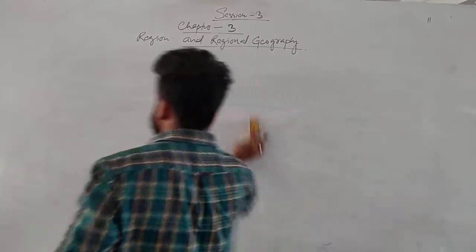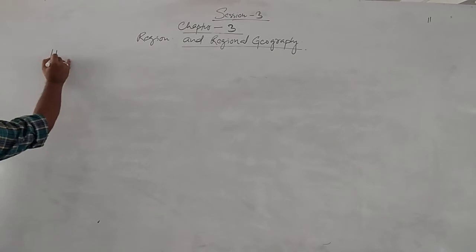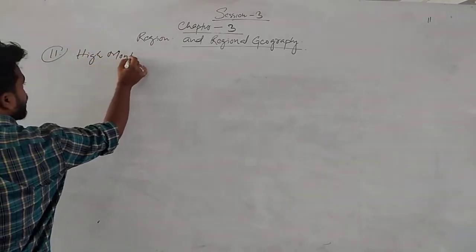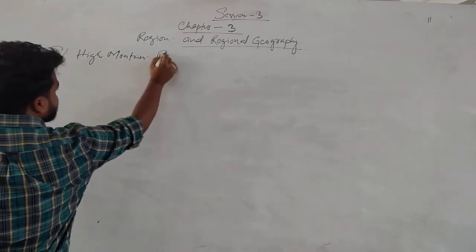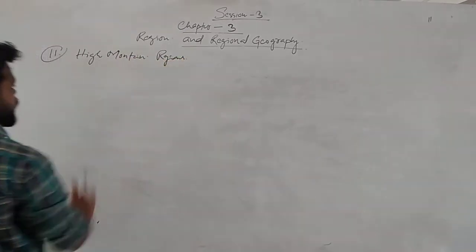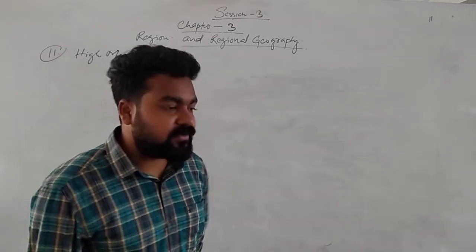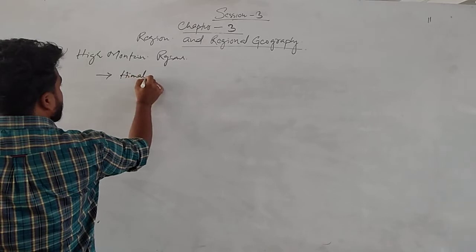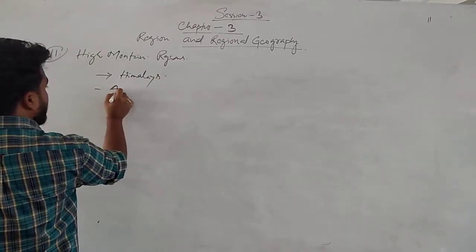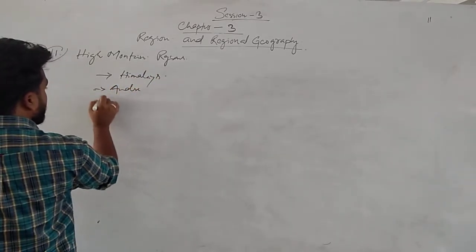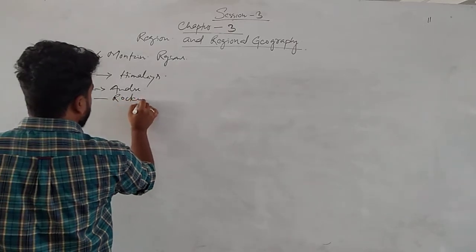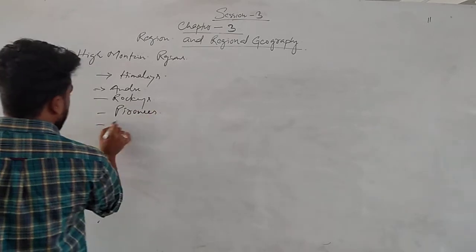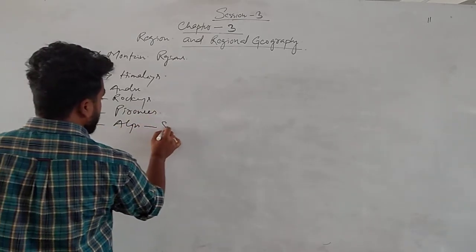Now we are going to discuss it. When we discuss the high mountain region, we are discussing the Himalayas, because we know the Himalaya is the highest mountain, the Andes is the longest mountain, and again the Rockies, the Pyrenees, and the Alps in Switzerland.